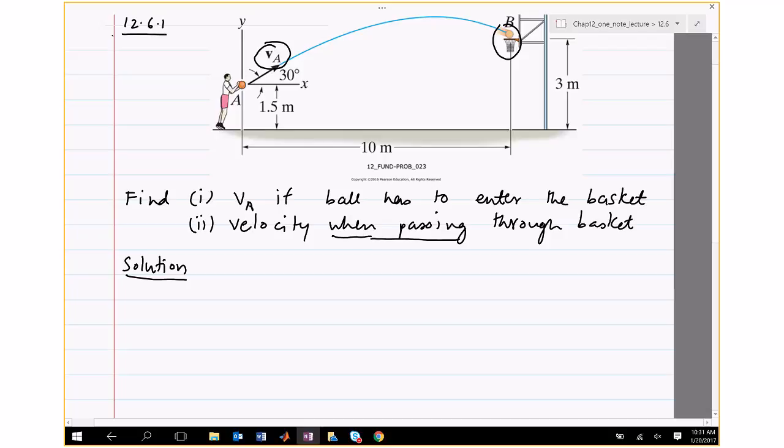So I want you to solve for VA, okay? And VA here is the magnitude. It's not Vx or Vy. You need to find the magnitude of the velocity. So it's just application of the formulas we had, and I probably solved a similar question just a while back.